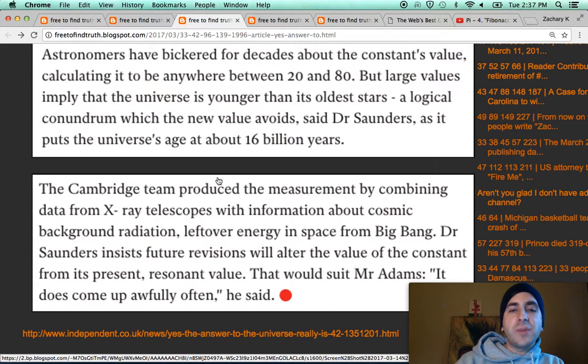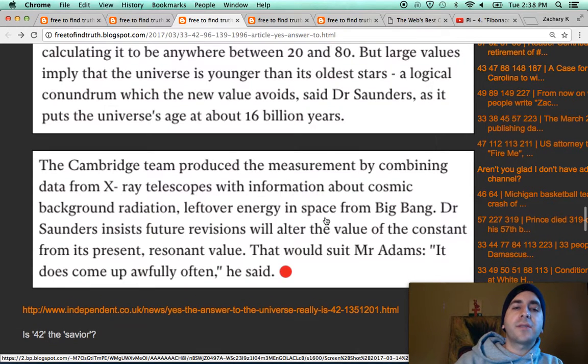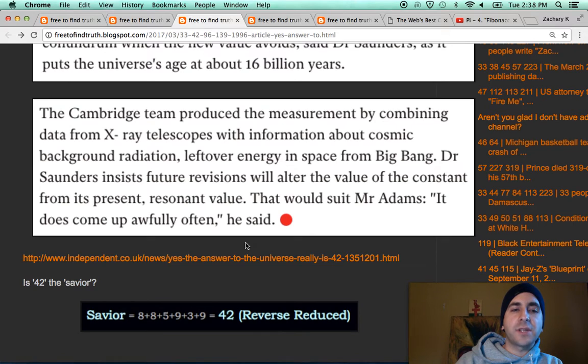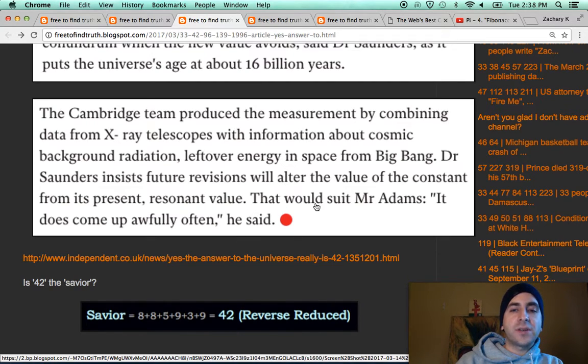The Cambridge team produced the measurement by combining data from X-ray telescopes with information about cosmic background radiation, leftover energy in space from Big Bang, which has gematria of 42. Dr. Saunders insists future revisions will alter the value of the constant from its present resonant value that would suit Mr. Adams.